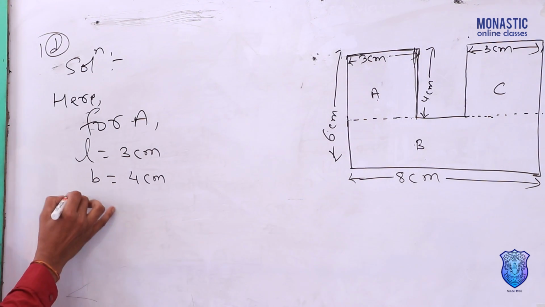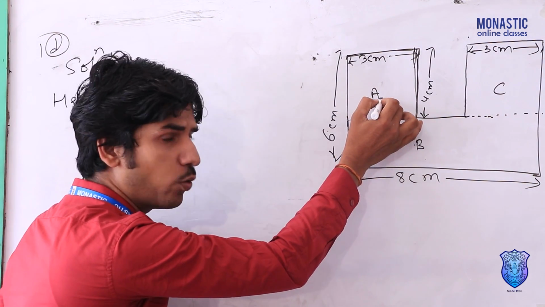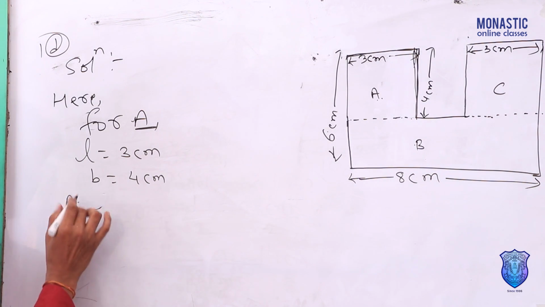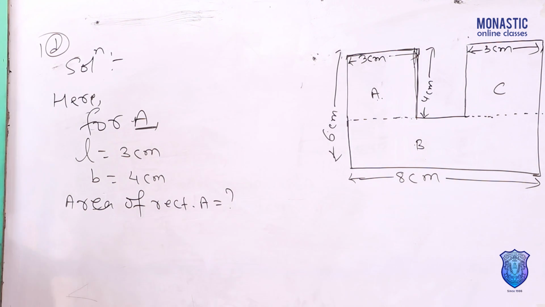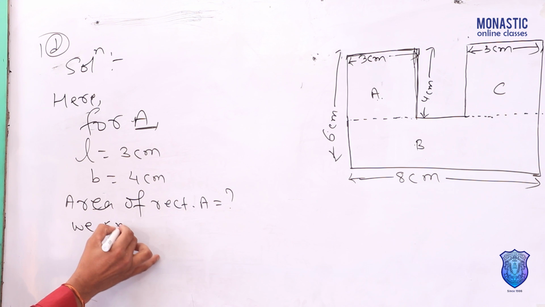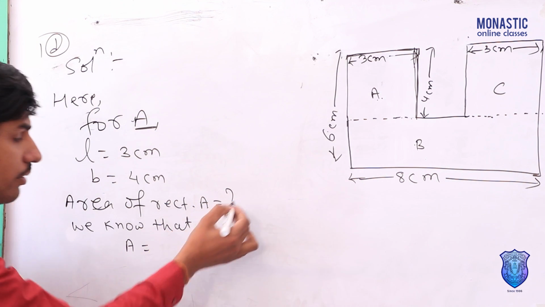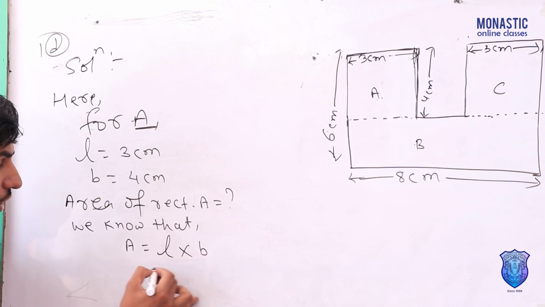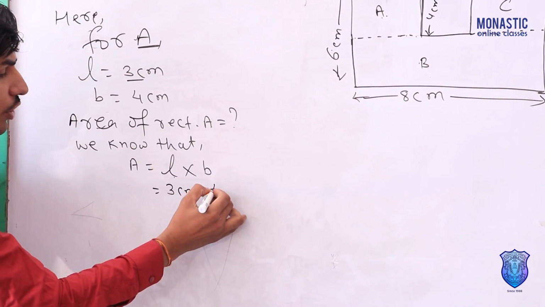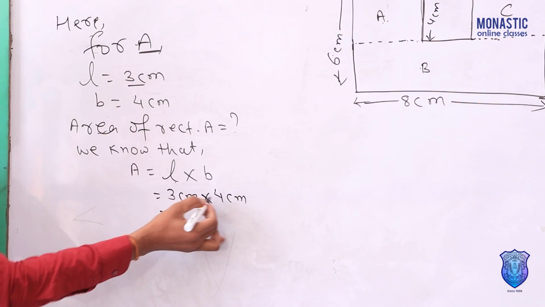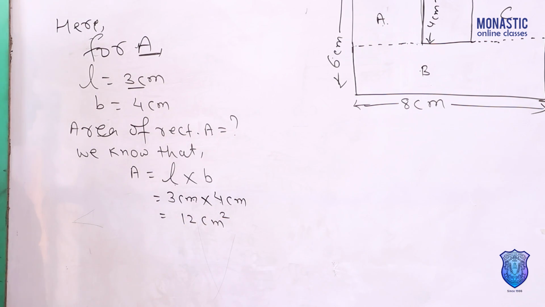The area for rectangle A is what we are finding here. We know that the area of rectangle A is equal to length into breadth, where length is 3 cm, breadth is 4 cm. Now multiply: 4 3s are 12, cm into cm, square cm.